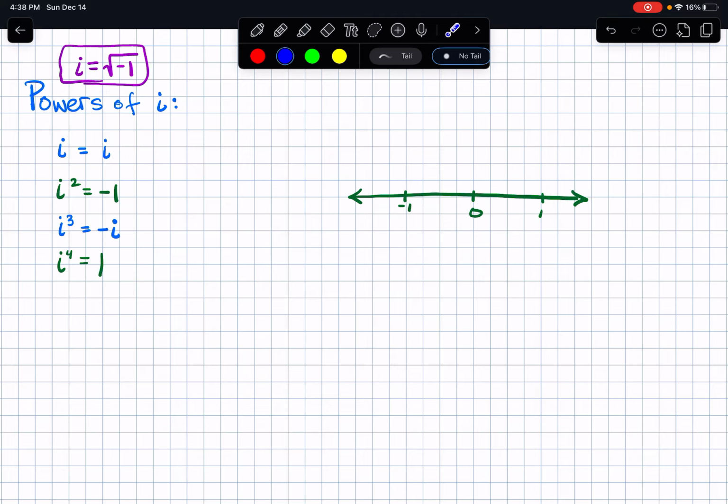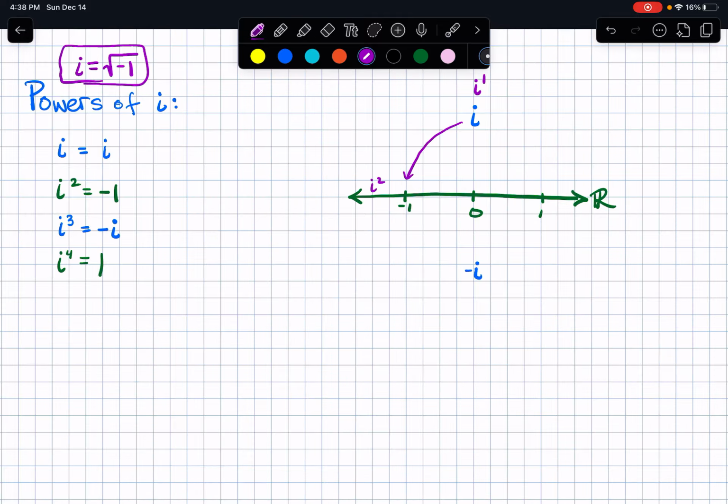So one way we can represent this interesting cycle is kind of like positive i is floating above the real number line. So if our green is the real numbers, positive i is floating on one side of the real number line, negative i we can imagine is floating on the other side, just to visualize. And if I'm starting with i to the first power, I'm up here, and then I can work counterclockwise to find any power of i.